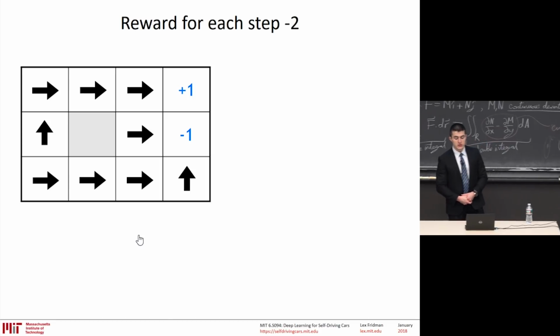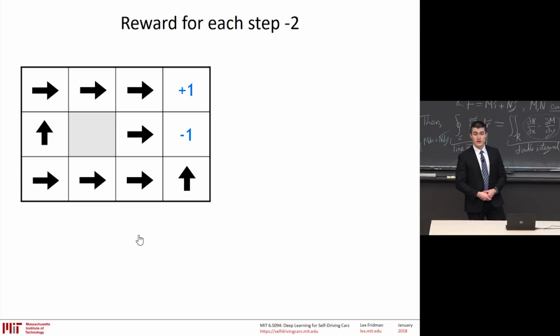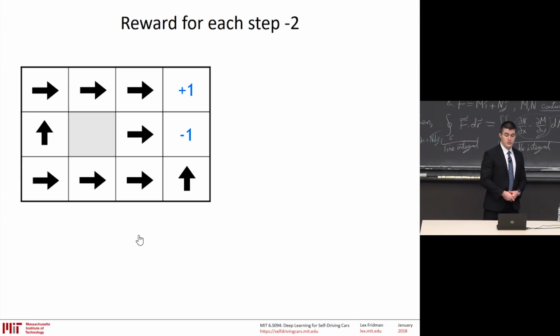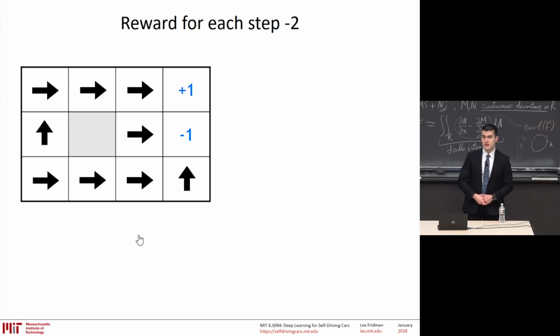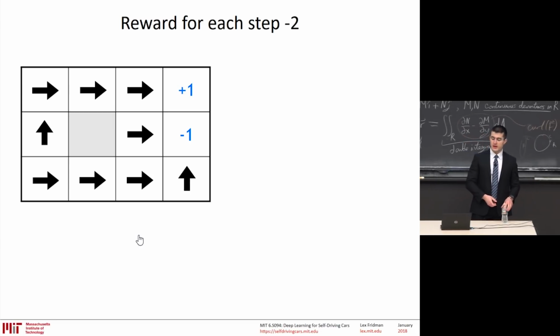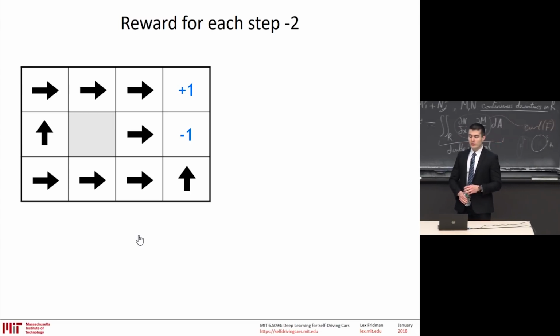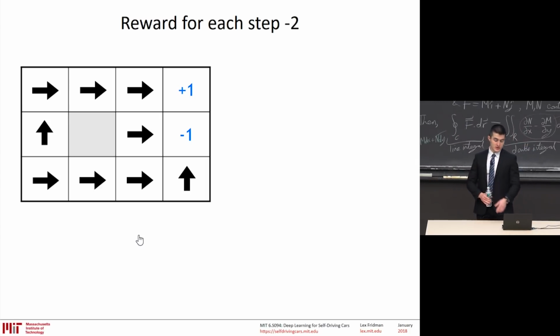Now suppose we change the reward structure, and for every step we take, the reward is -2. So it really hurts. There's a high punishment for every single step we take. So no matter what, we always take the shortest path. The optimal policy is to take the shortest path to the only spot on the board that doesn't result in punishment.